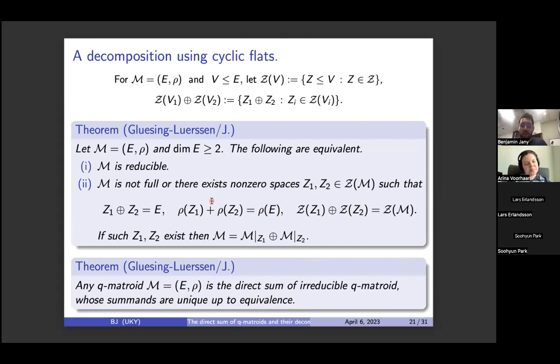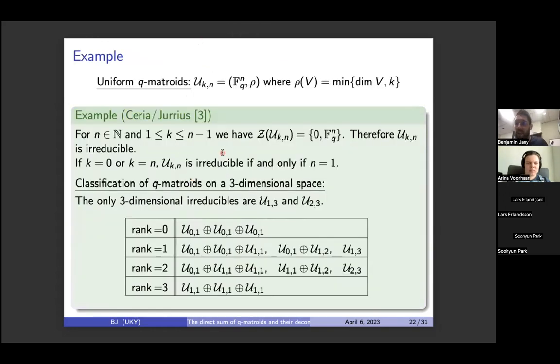Okay. So what can we do with this decomposition result? Well, first we can classify some irreducible components and then classify q-matroids that are defined over a relatively small vector space.